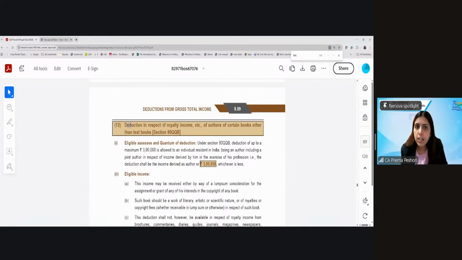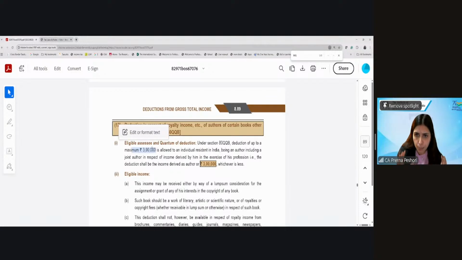80QQB: deduction in respect of royalty income of the author. What 80QQB provides is a deduction for royalty income, and this is available only to a resident individual, an individual resident in India, with a maximum deduction of 3 lakh.